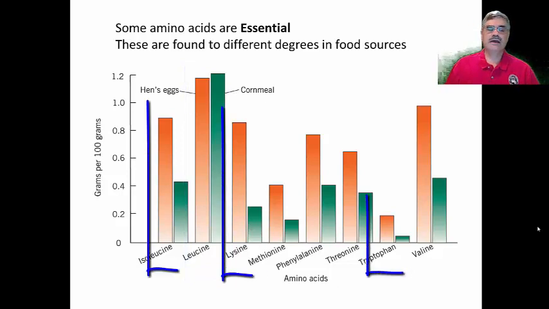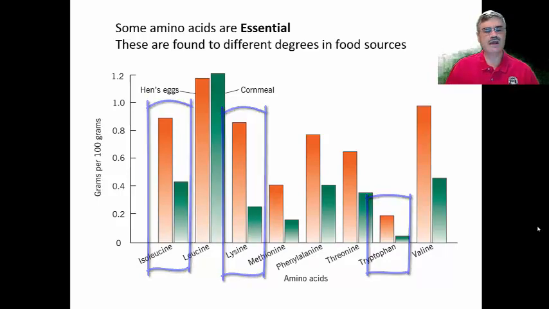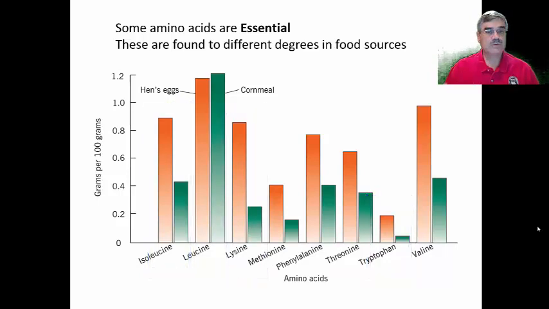But if you look at other amino acids, one called isoleucine, one called lysine, one called tryptophan, the plant source, cornmeal, has a much lower content of these amino acids than does the dairy product. And this is something to be concerned about with respect to having a balanced diet, the fact that you need essential amino acids.